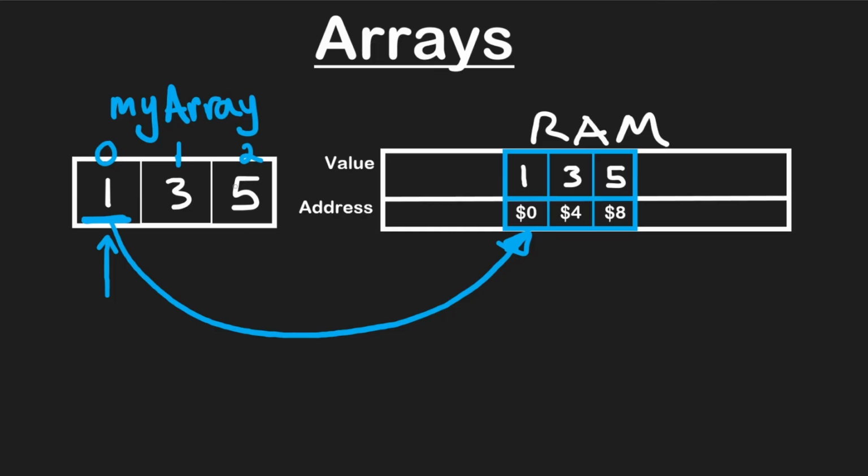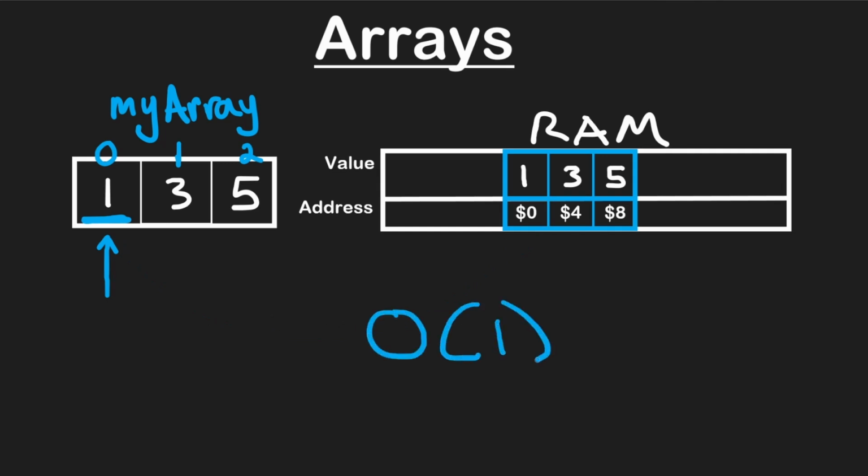Since we can automatically map any index in our array to a location in memory, that means we can instantly read any value as long as we have the index for it. To represent that that's an efficient operation, we call it big O of 1.